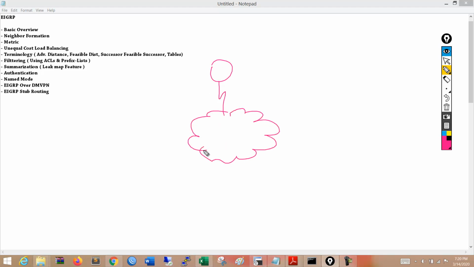We'll still look at DMVPN in detail, but we'll look at how EIGRP works when you use it as the IGP, both for phase 1 and phase 2. For the IGP, this is your internet. So we'll look at how EIGRP works when you are doing DMVPN, dynamic multipoint VPN.